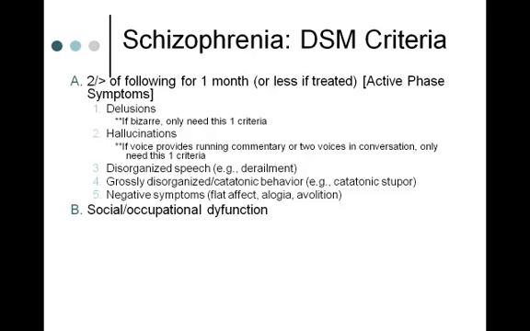Okay. Criterion B, social or occupational dysfunction. And this really is more than just, with most of the disorders we talk about, impairment in one or more areas. With schizophrenia, it really seems to be part of the disorder. It's not just that you're having problems at work because of the hallucinations.